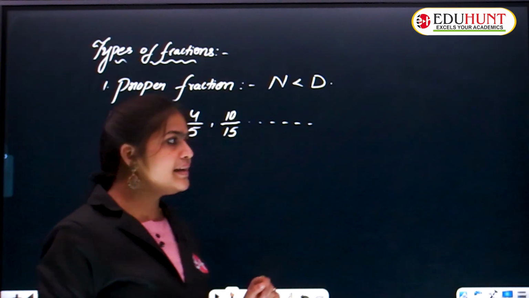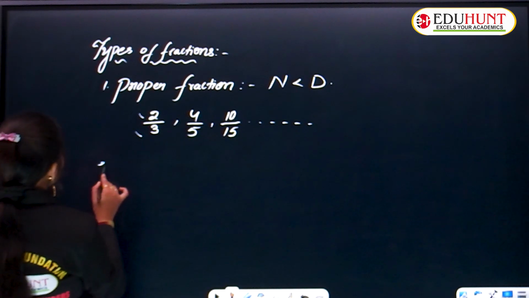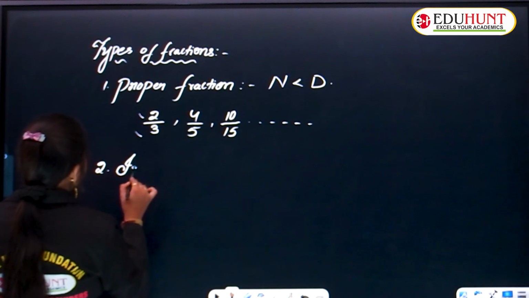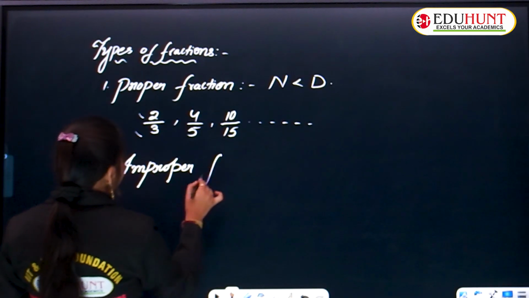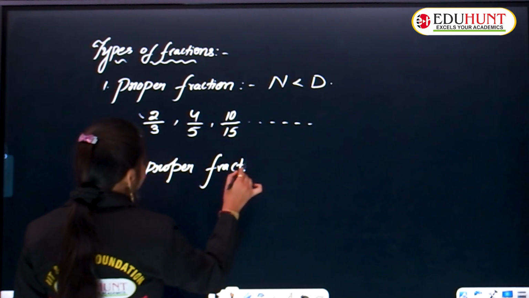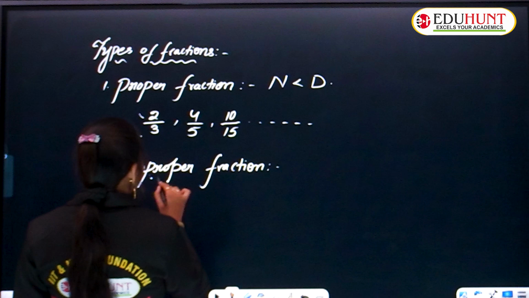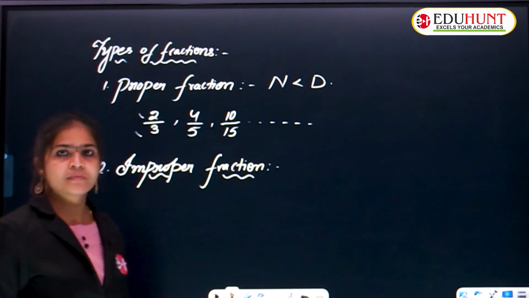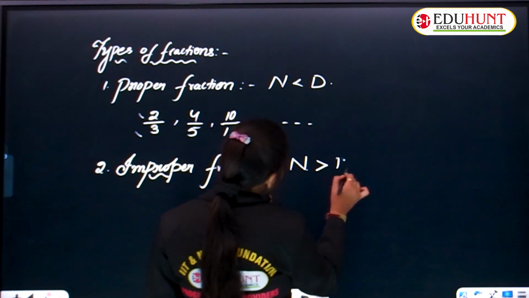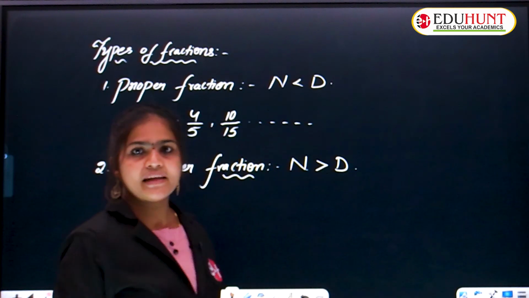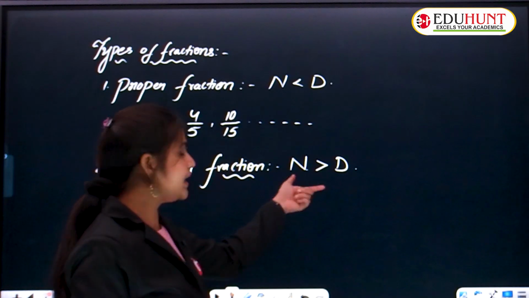Understood? In the same way, the second kind of fraction is the improper fraction. So what about the improper fraction here? Improper fraction is nothing but the numerator is greater than the denominator.